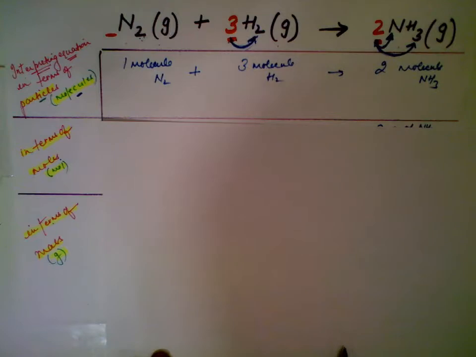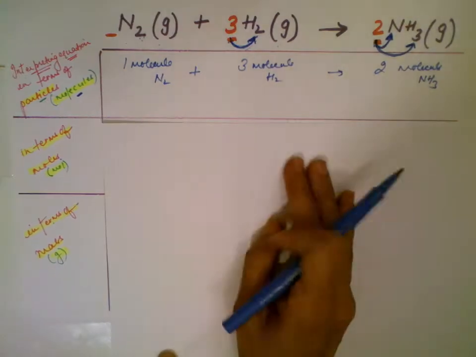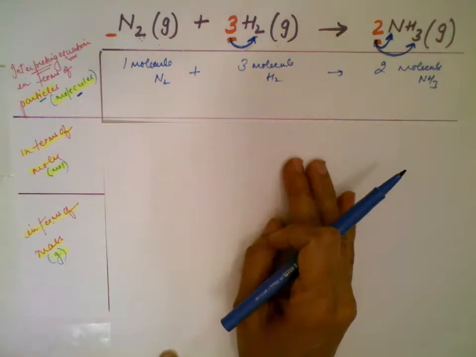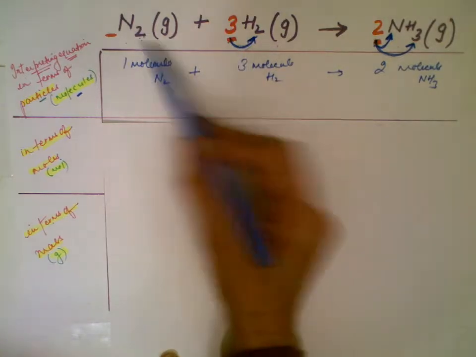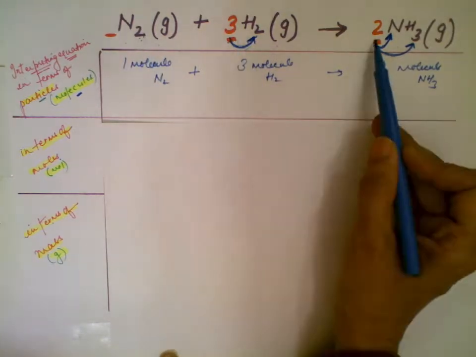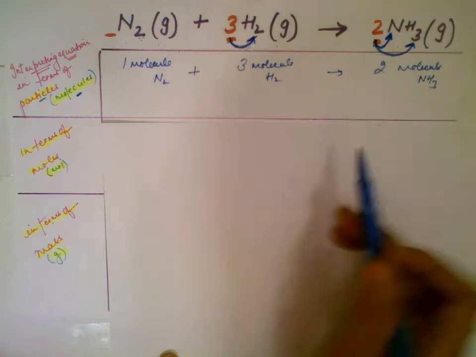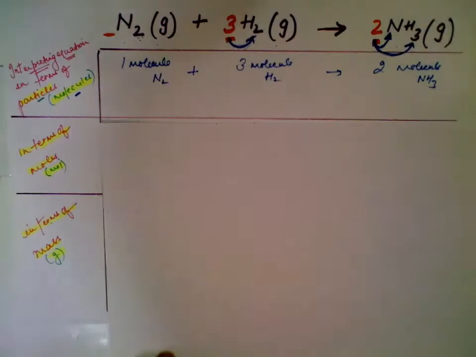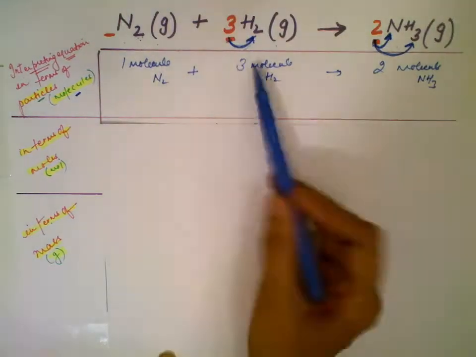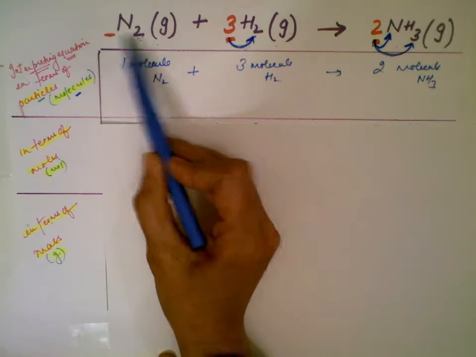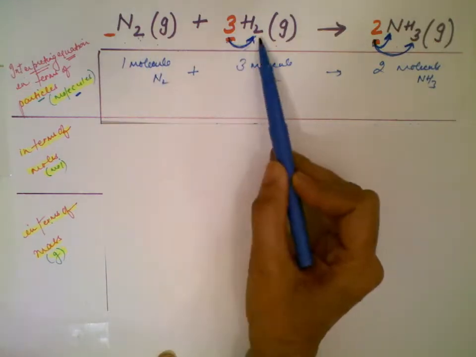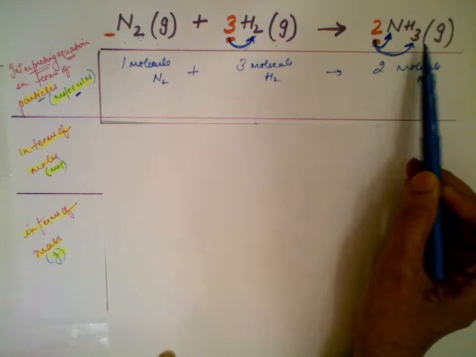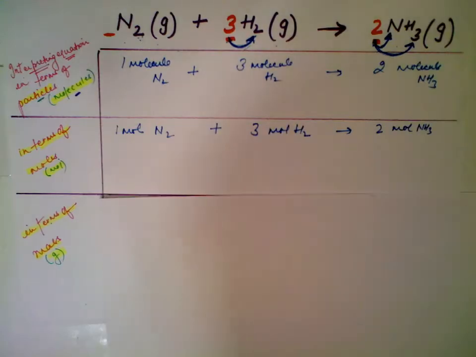All right. A balanced equation also gives us the relative number of moles of substances. So these coefficients right here in the front, 1, 3 and 2, are also telling us the number of moles. So you could also read this equation as 1 mole of nitrogen reacts with 3 moles of hydrogen to yield 2 moles of ammonia gas right here.